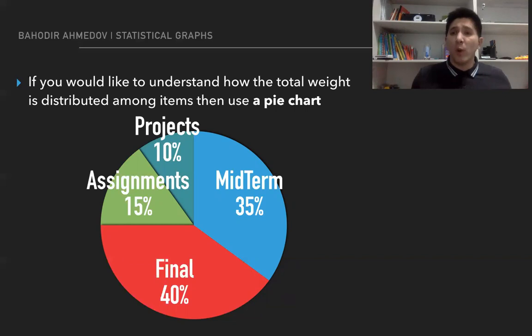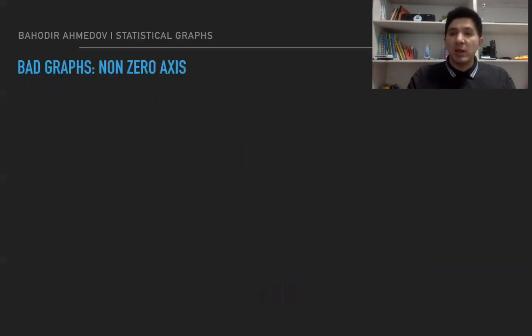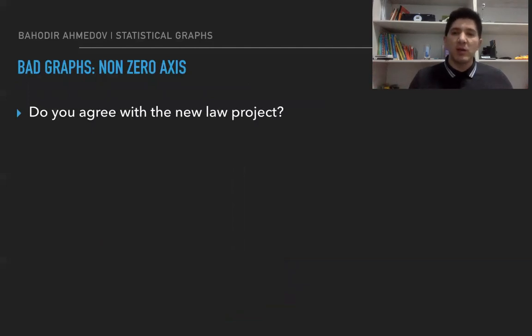So let's consider a toy example of how you may construct a bad graph. One of the problems with graphics is not using the zero axis. For example, let's consider the number of votes given in the U.S. Congress to a new law project.